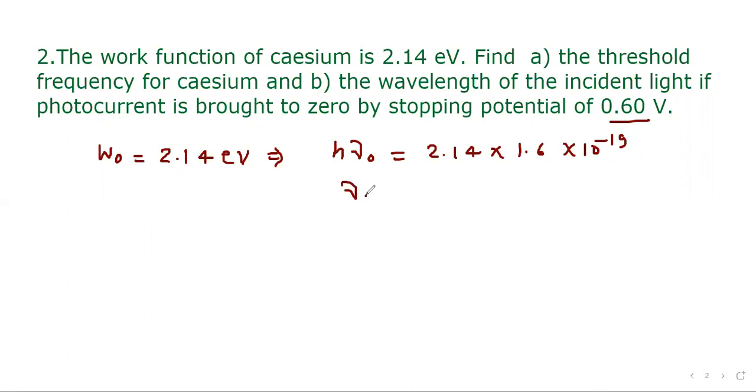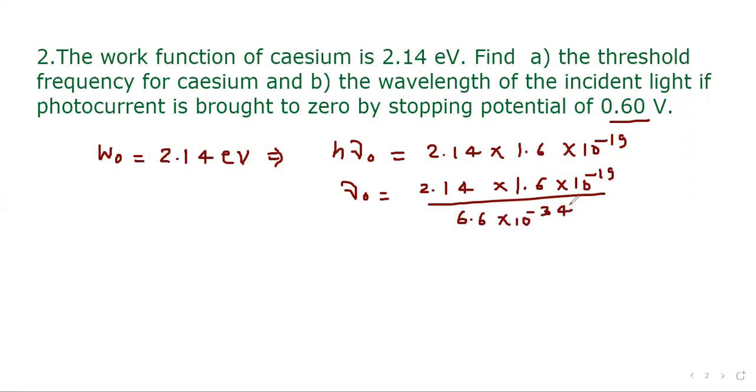So ν0 will be equal to 2.14 × 1.6 × 10^-19 divided by the value of h, 6.6 × 10^-34. So if we evaluate it, it will become 5.16 × 10^14 Hertz. Now our second task is to find the wavelength.